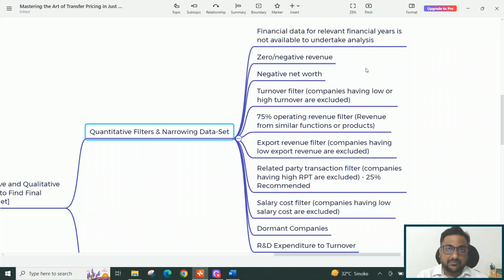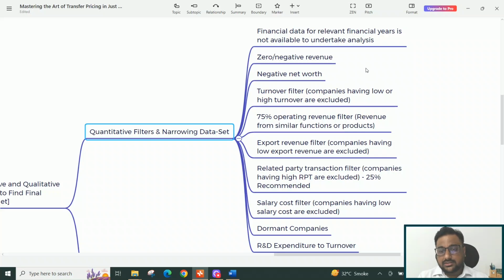In case your tested party is more engaged in the export of goods or services, they will also see that the comparable company is substantially involved in exporting that particular good or segment, right? That is where they apply the export revenue filter, that is, companies having low export revenue are excluded. This is just to ensure that your comparability is established appropriately.